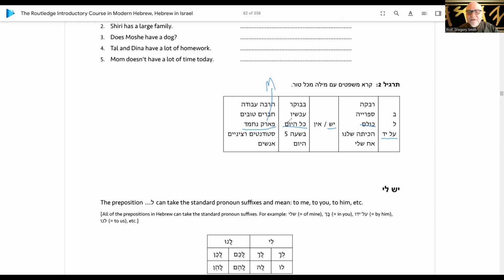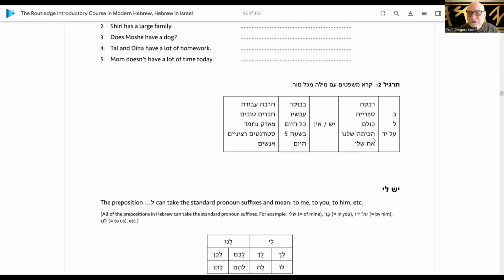And I think kol hayom, all the day. כל היום, or it could be every day. So nearby everyone, yesh, there is all the day, park nechmad, a nice park. So I think probably could use that way.